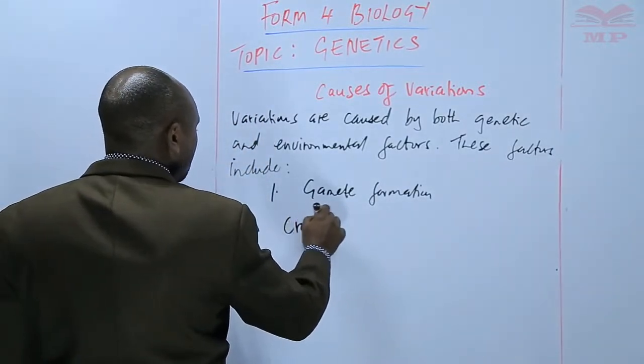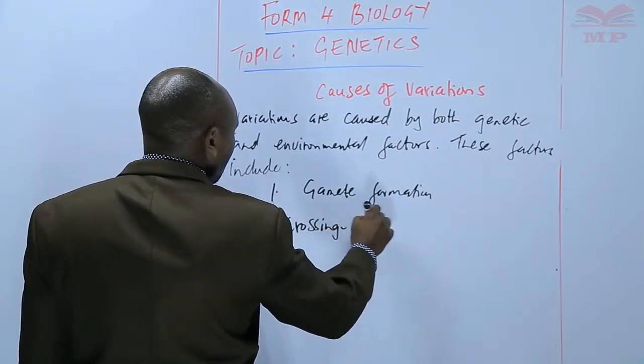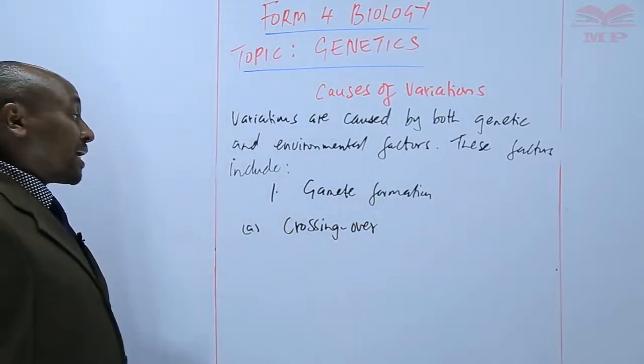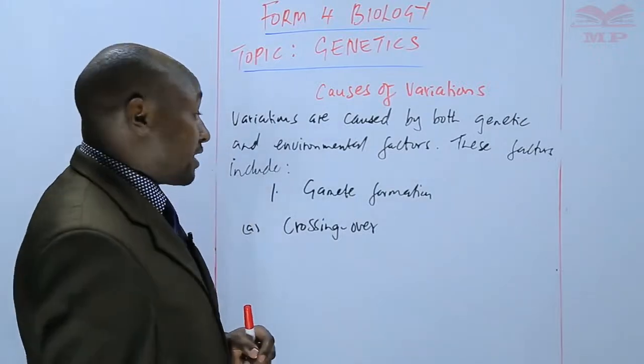Now, in the process of gamete formation, I would like us to mention two processes. One that is called crossing over. That's one of the processes during gamete formation that brings about variation.